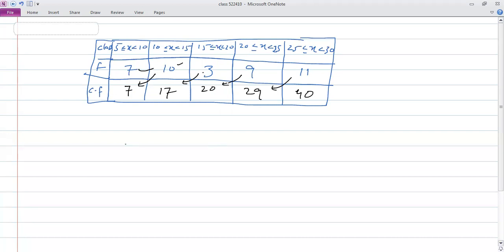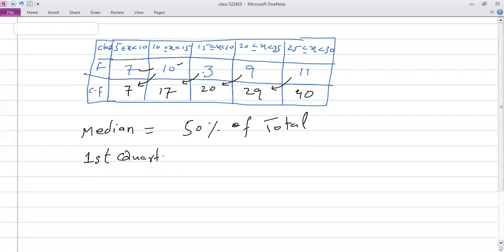Now, there is another thing. Remember median. Median is always 50%. It's the middle value, yes? 50% of the total. Another thing that we will do here is called the first quartile. The first quartile is represented by Q1 and it is always 25% of the total.